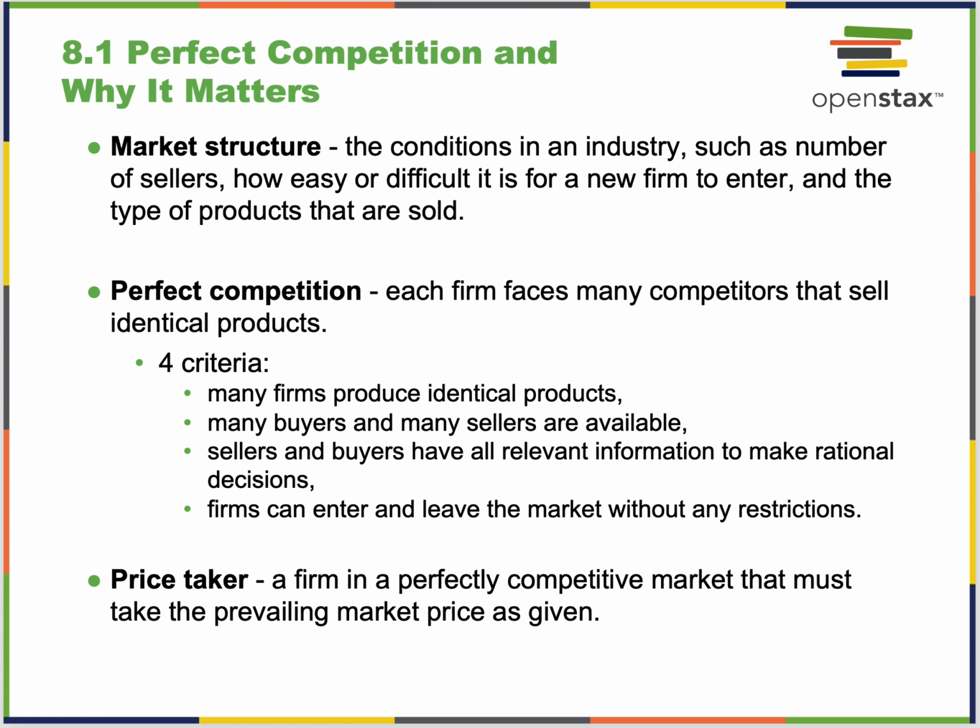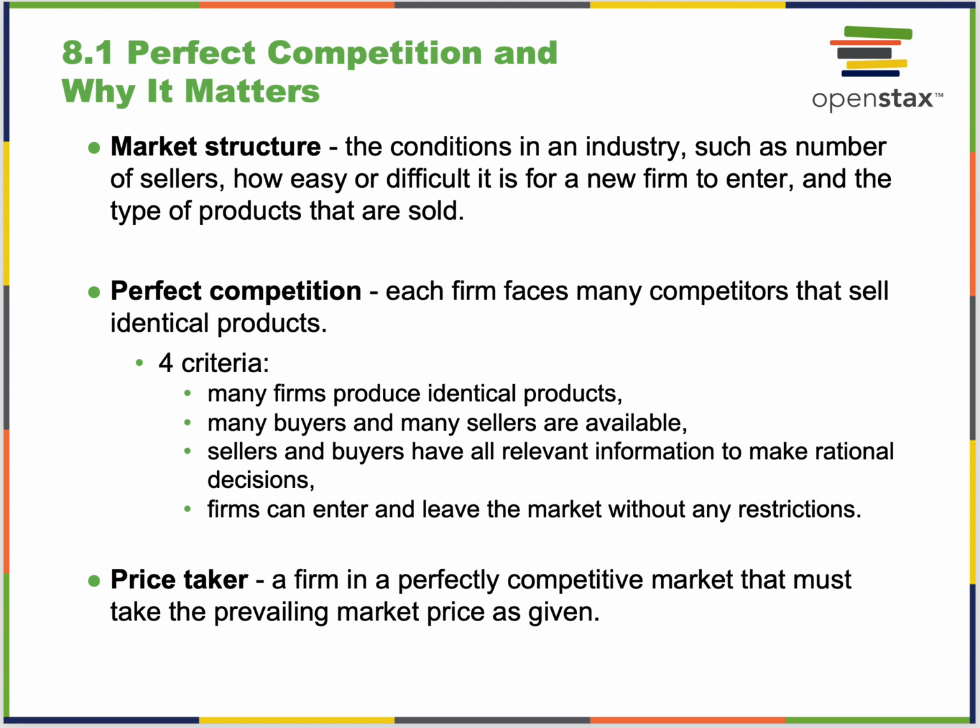In perfect competition, each firm has many competitors that sell almost identical products. The example we used was wheat, or apple growers. That's why agriculture is often where perfect competition is mostly applied.